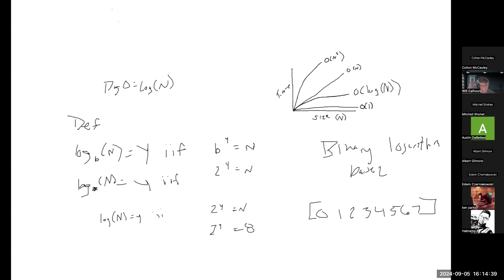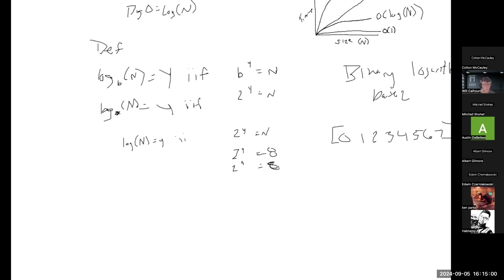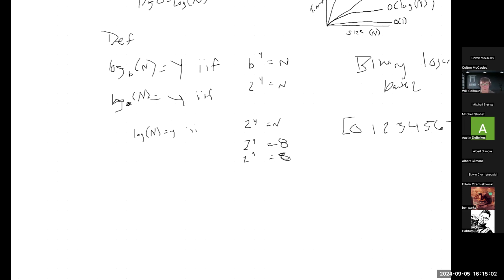And we know that 2 to the power of 3 equals 8, because 2 times 2 is 4, times 2 is 8, right? So let me grab this and move down a little bit and change this. Okay. So 2 to the power of 3 equals 8.